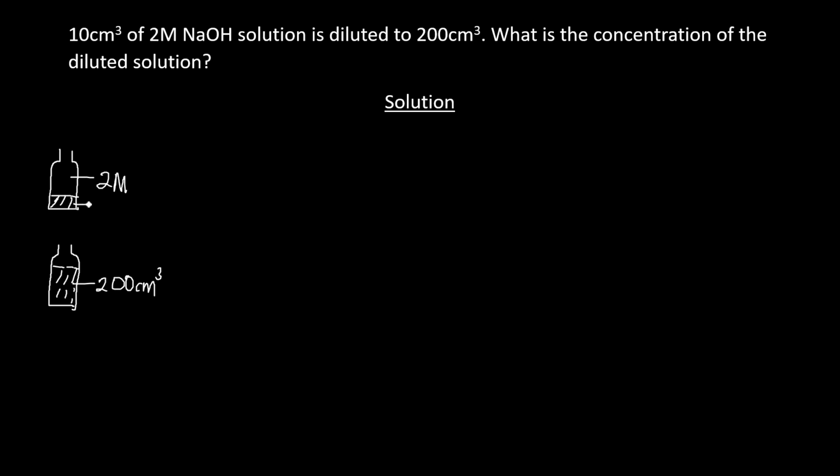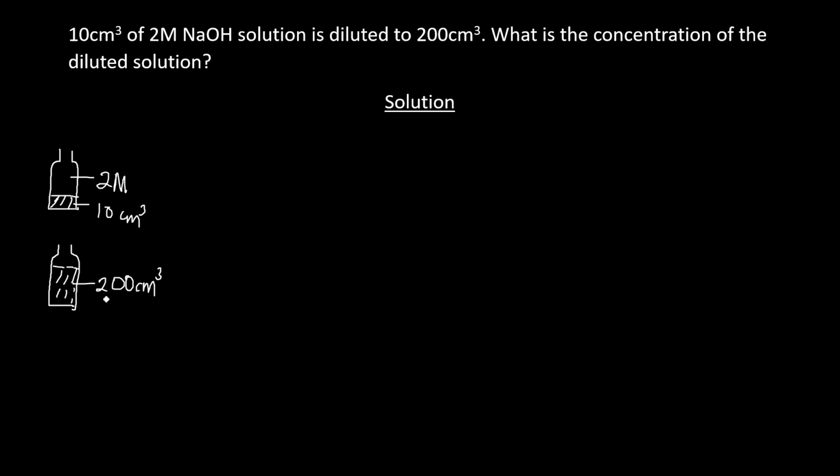Remember that the original is just 10 cm cube, but now it has been diluted to 200 cm cube. When it was 10 cm cube, the concentration was 2 molar. But now that it has been diluted to 200 cm cube, the question is, what is the concentration? The concentration is what we do not know.